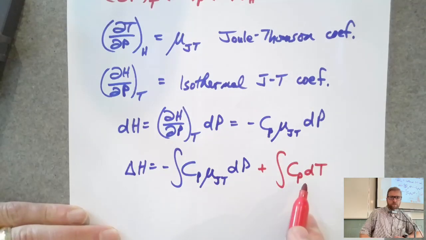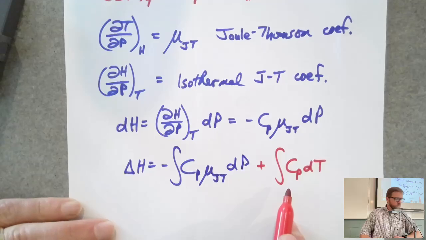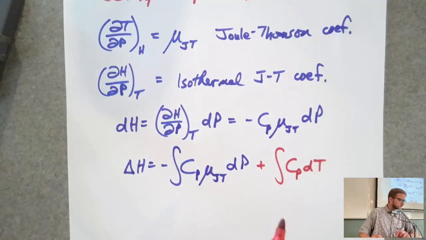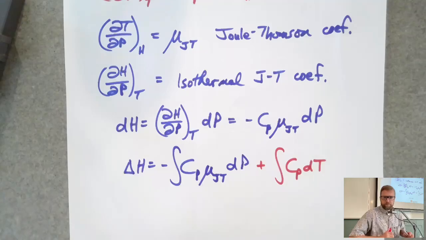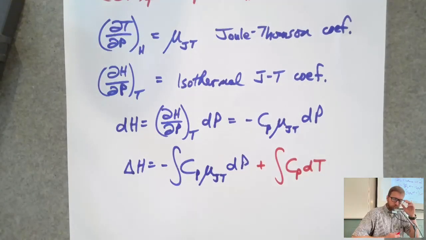This would account for the temperature variation. You'd integrate over the temperature as well. And so you can calculate the enthalpy change for a process that has both variable temperature and variable pressure.